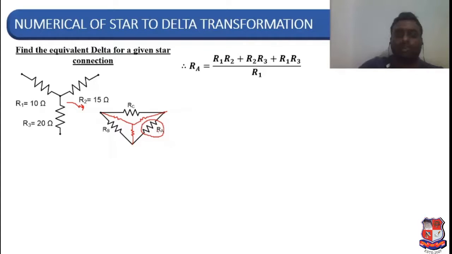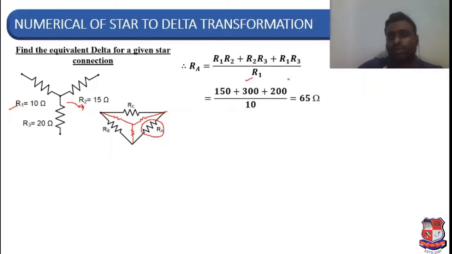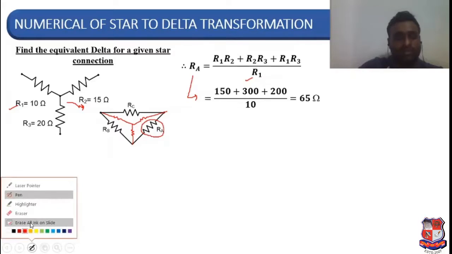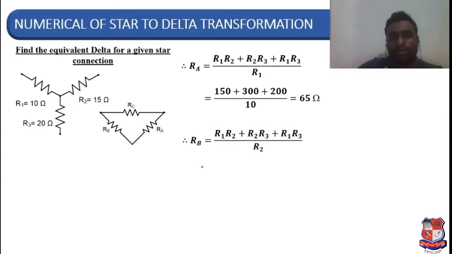So RA will be the summation of the products of all the resistances divided by the opposite branch. The opposite branch over here is R1. If you solve this, you will get 65 ohms. Similarly, if you solve for RB, the opposite branch is R2, that will be the divisor.